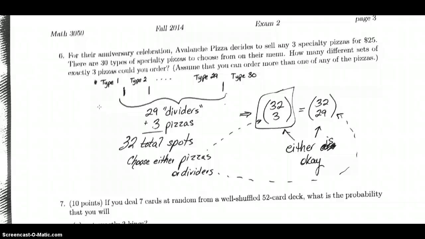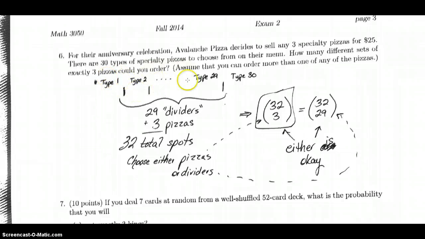We have 30 types of pizza to choose from, and we're going to choose 3 of those 30. So this is one of our classic problems, like the coins in the wallet that you did for the good problem.